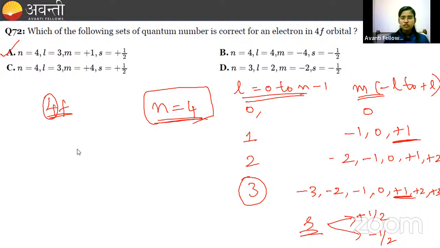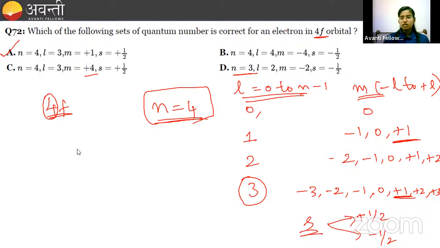Because of this, option C is also an incorrect answer. Next, coming to D, we have n equal to 3. No. For 4f orbital, n is equal to 4, not 3. So here itself, this option is incorrect. So option A is the correct answer for this question.